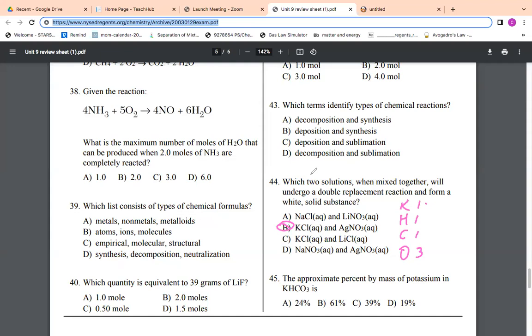Okay, so potassium is 39, hydrogen is just 1, chlorine is, we'll say about 35, and oxygen is 16. So we add everything up, and it actually comes out to 100 grams. Oh, wait. Oh, no, I am so sorry.